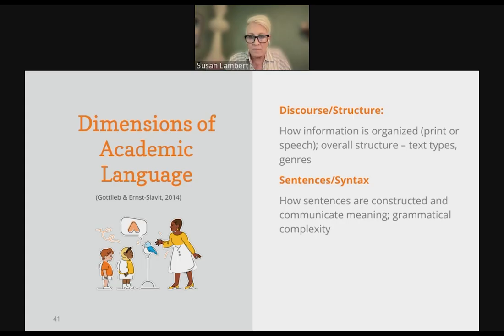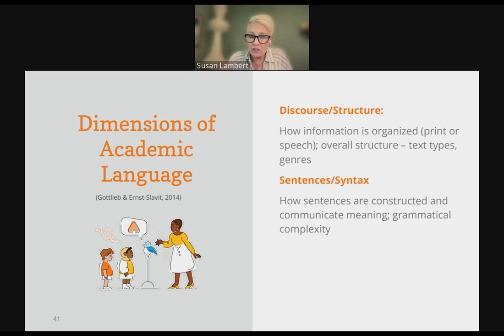What we sweat about is how to get the sentences right. How do I get this idea into a sentence in such a way that the reader, the person I'm communicating to, is going to understand my meaning? And how do I build those sentences together in a way that makes the text cohesive, whether it's short or whether it's long? And so really important to think about the sentence level and syntax.